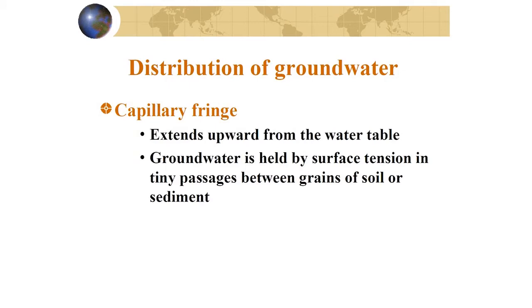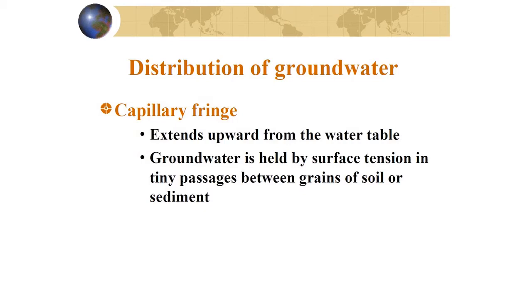And when we consider the vertical distribution of groundwater, the upper part is the zone of aeration, and the zone of aeration has three parts. Starting from near the surface, we have the zone of soil moisture. Below that we have the intermediate zone, and just below that the third zone is the capillary fringe.